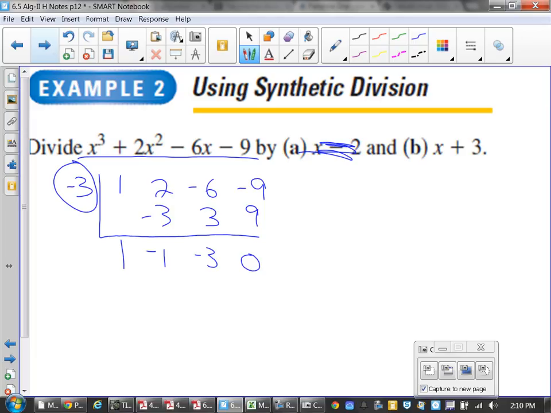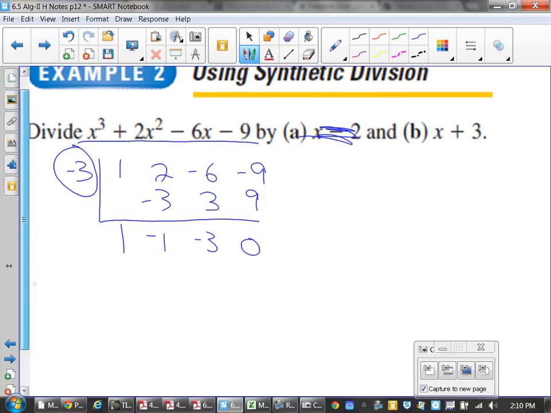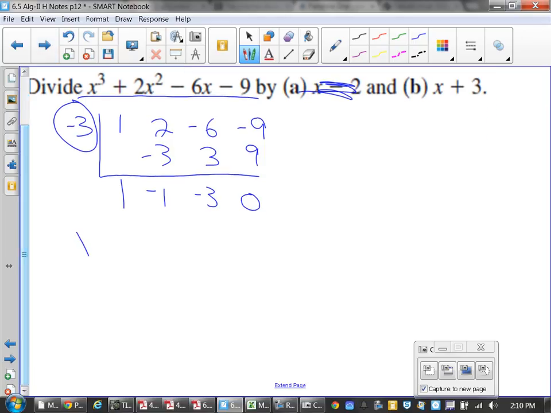So think about what you did yesterday. You did the long division. You had x plus 3 on the outside. You went into x cubed plus 2x squared minus 6x minus 9. How do you turn an x into an x cubed? You multiply it by x squared. Distribute back. Subtract out.